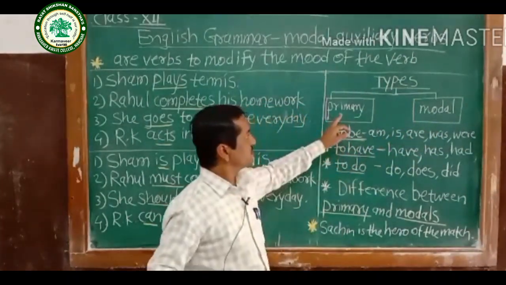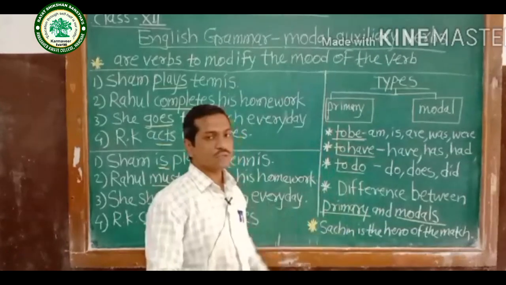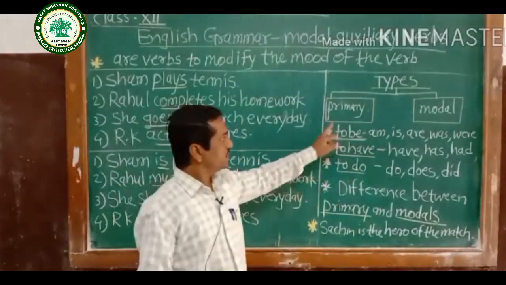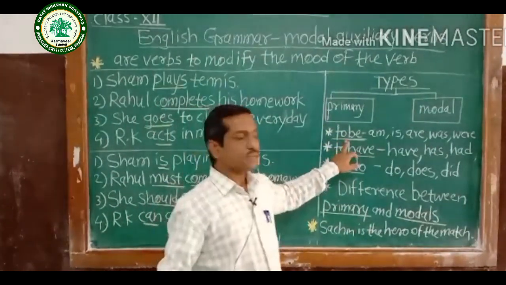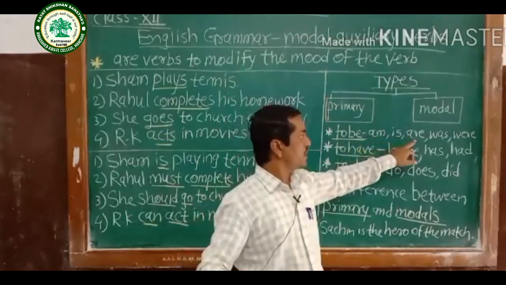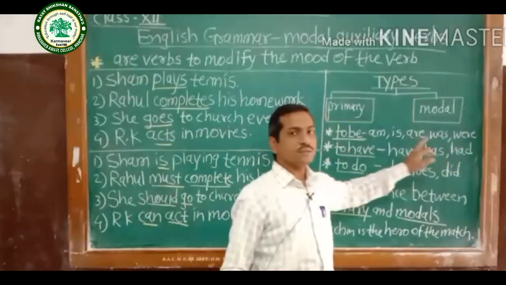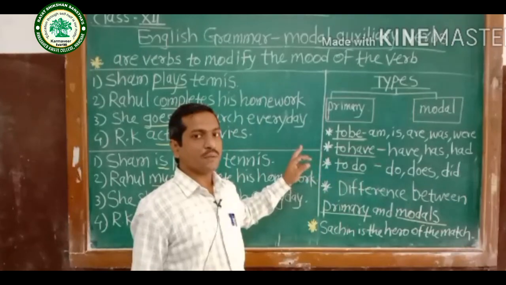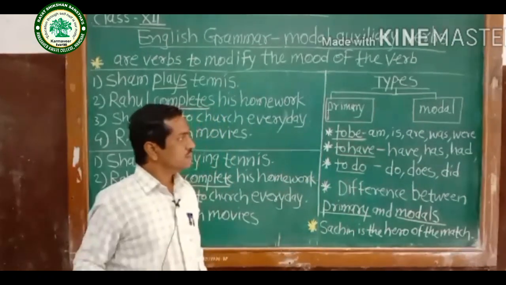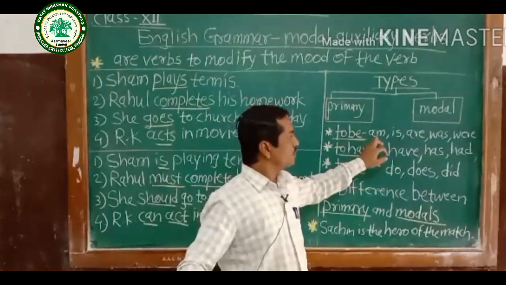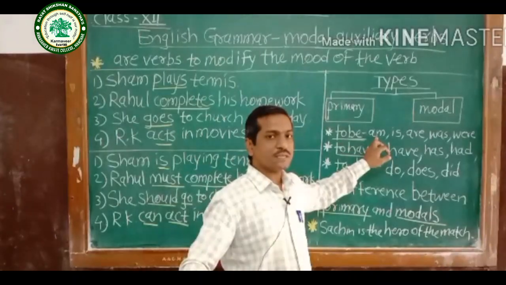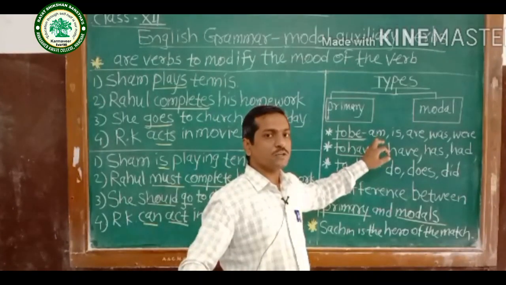Let's see the primary auxiliary verbs first. In it, the to be forms are am, is, are, was, were. These to be forms are used in continuous tenses, for example, present continuous tense and past continuous tense.